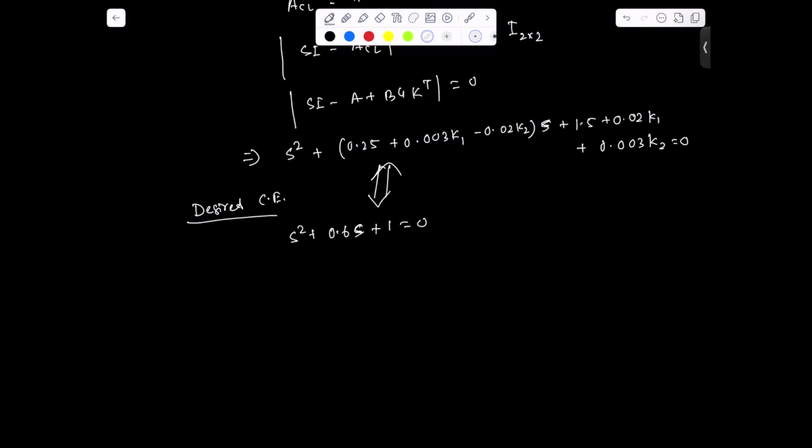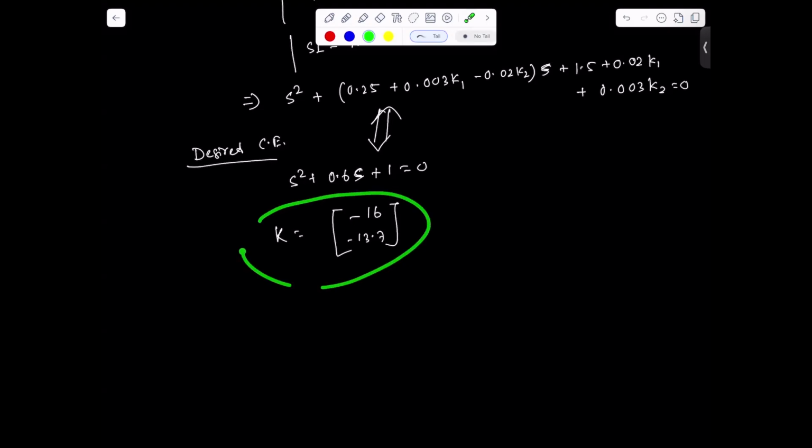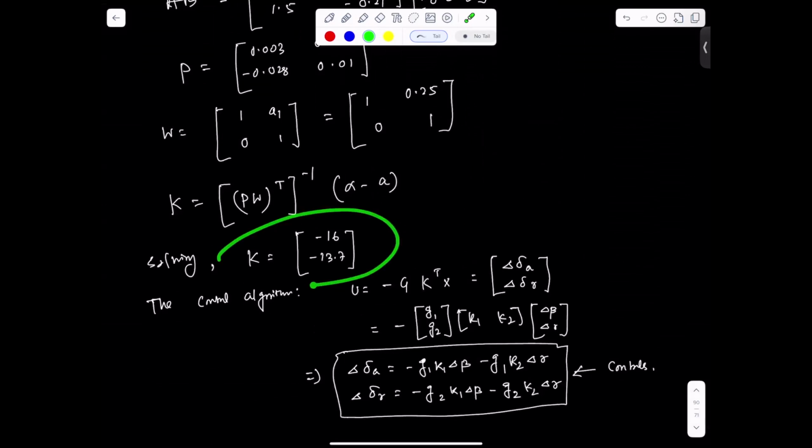So if you compare both these equations, K is found to be minus 16 and minus 14.7. This is the control gain matrix. So if you notice here, the K found by this method and the K found by the earlier method are the same.